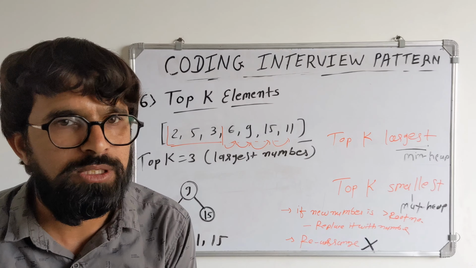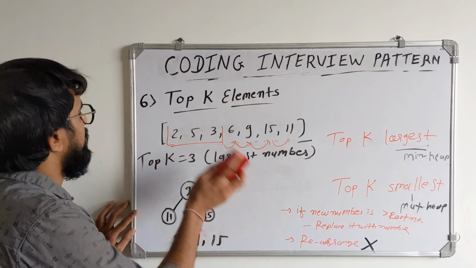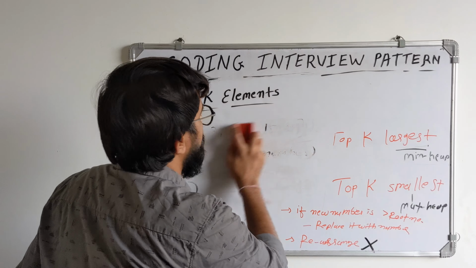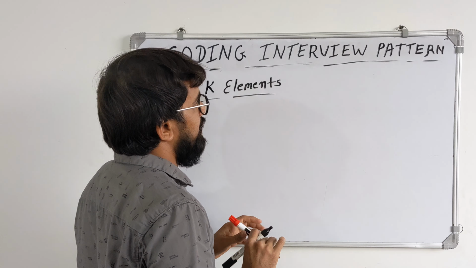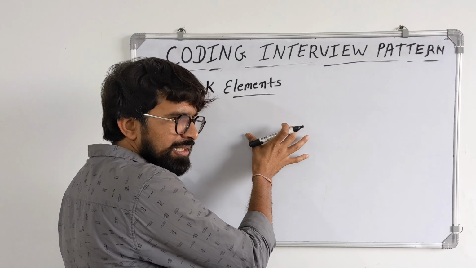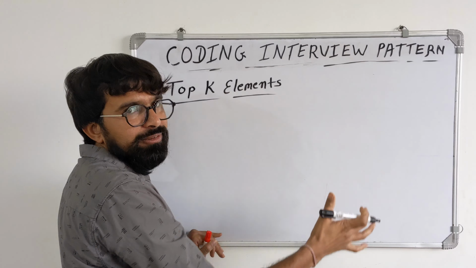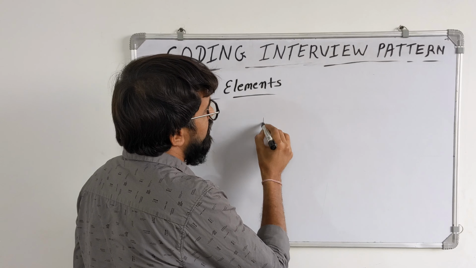Take one more problem. For this, we will do coding also after explaining on the whiteboard. So moving to the next problem. One thing I want to tell you about the last problem is that when we find the top k largest numbers, it is the largest as per the sorted sequence. It's not distinct numbers. Let's say the sorted numbers are 1, 2, 3, 4, 4, 5.